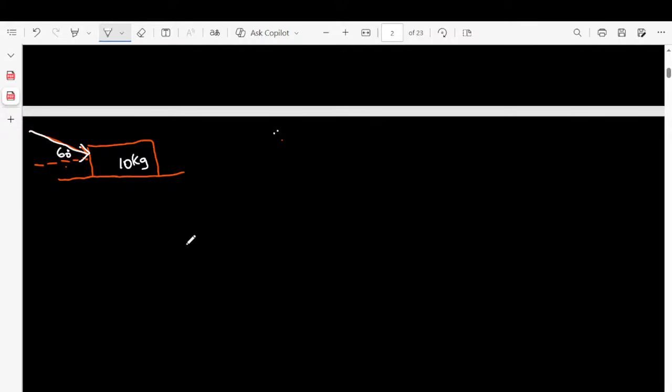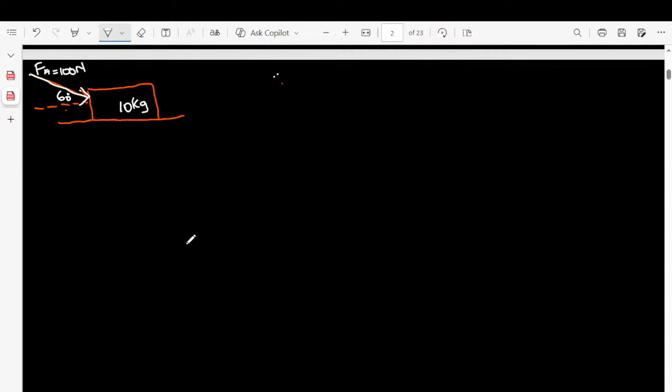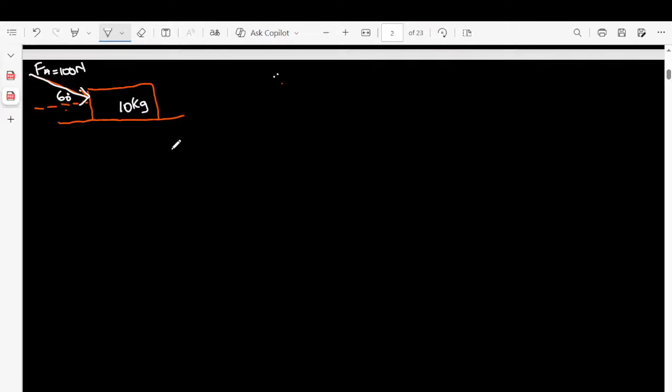Right, I can see, guys, your comments. You choose upwards to be positive and down it's negative. The answer is okay. So now, let's say that this force applied is equal to 100 newtons. Another thing that is given, look, they said that the object is pushed at an angle of 60 degrees to the right.